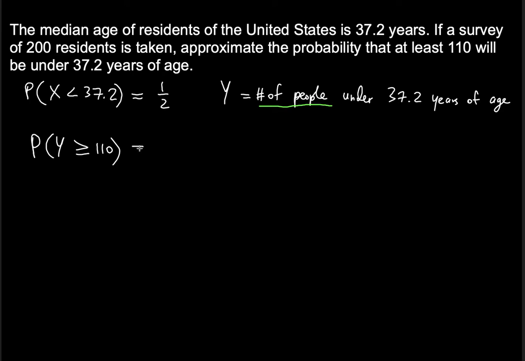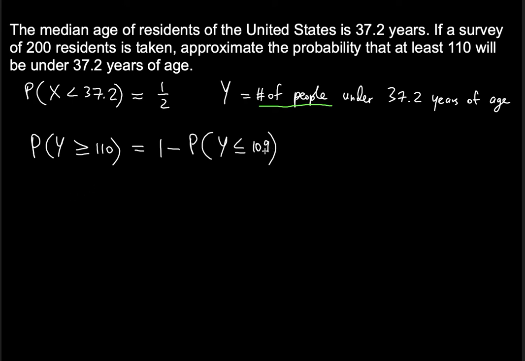So to do that, in order to use the z-table, you need to write it as 1 minus the probability of the random variable Y being less than or equal to 109. Okay? Because you don't want to count those people.